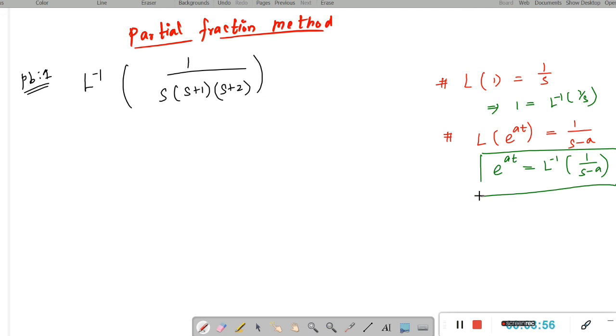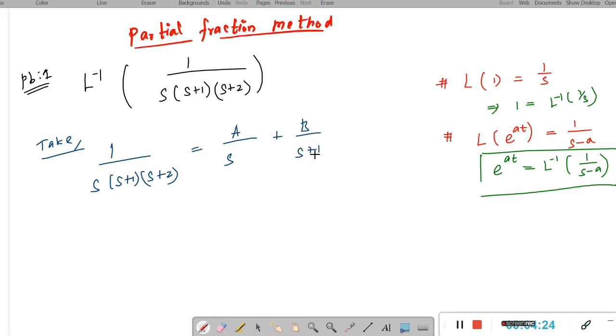So if you want to apply this formula, try to write this denominator as a sum of unique, that means different factors. So for that, first I am going to apply partial fraction. So consider 1 by s into s plus 1, s plus 2 equal to A by s plus B by s plus 1 plus C by s plus 2.